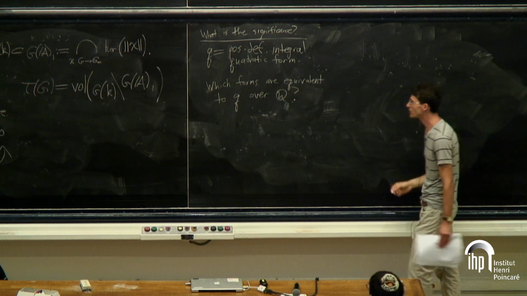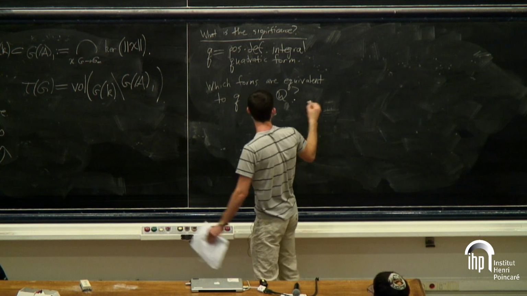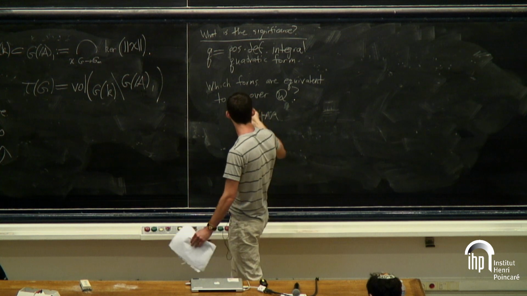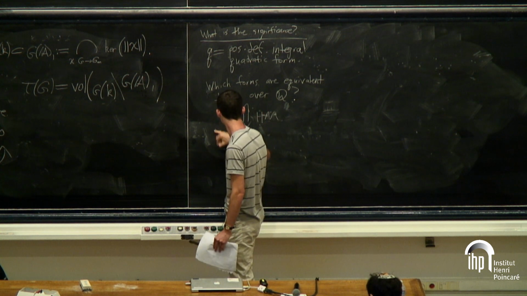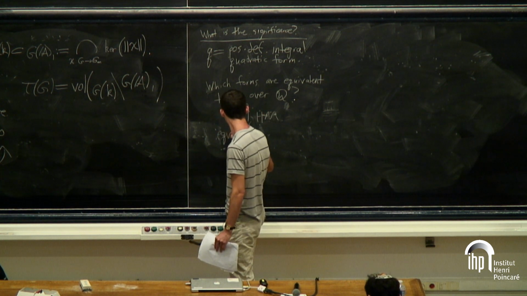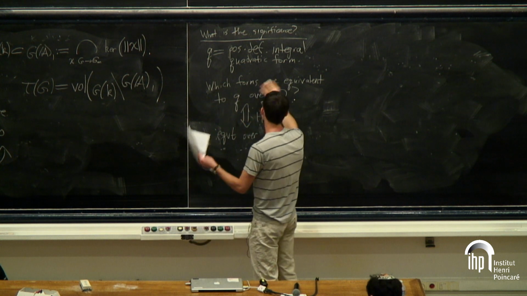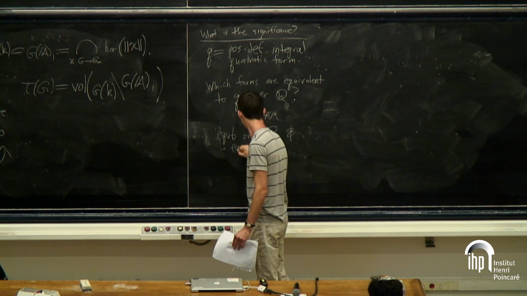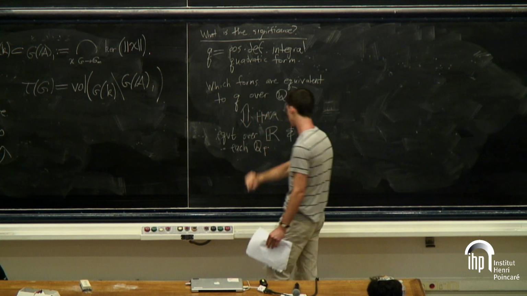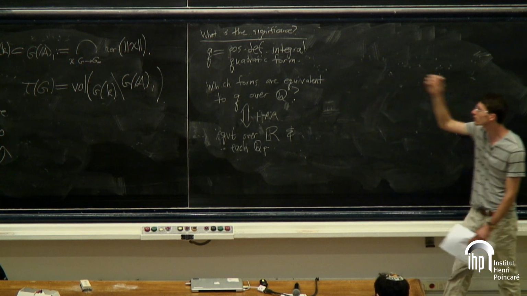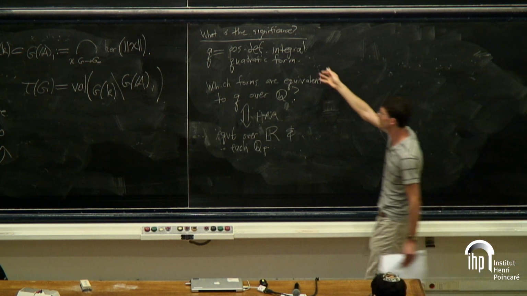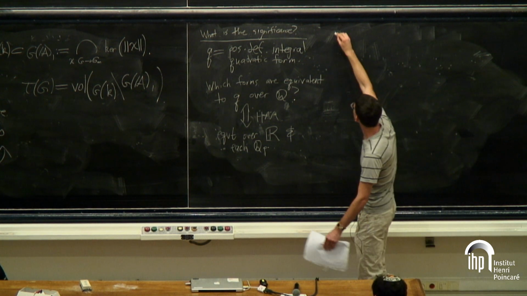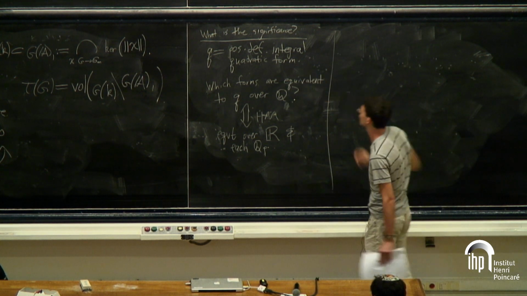A perfectly satisfactory answer is given by the Hasse-Minkowski principle, which says that it's if and only if it's equivalent over the reals, since it's positive definite, and over each Q_p. So two quadratic forms over Q are equivalent if and only if they're equivalent everywhere locally.